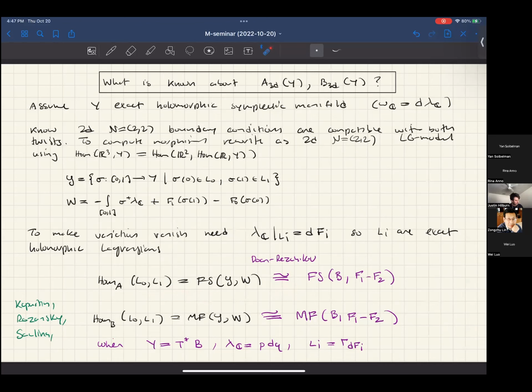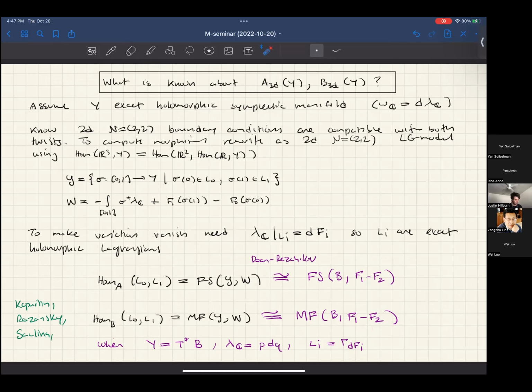Anyway, on the B side there's a similar result, which is well known due to Kapustin-Rozansky and Saulina, where they showed the same thing: if you take the Hom between two Lagrangians in the B-model, then it's matrix factorizations of this infinite dimensional space with this holomorphic superpotential. And in this special case where you're looking at the cotangent bundle and graphs of one-forms, this actually just reduces to matrix factorizations.